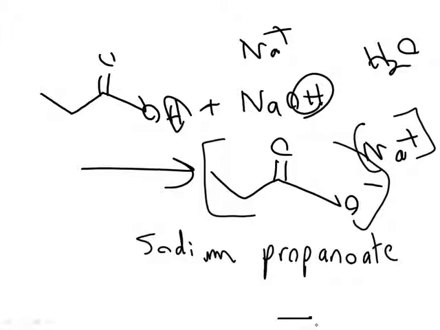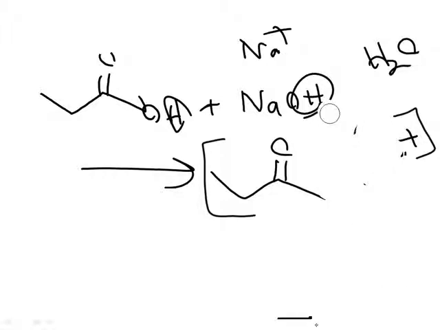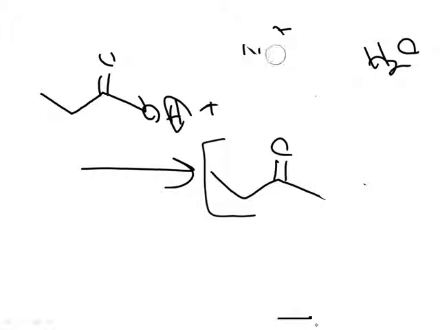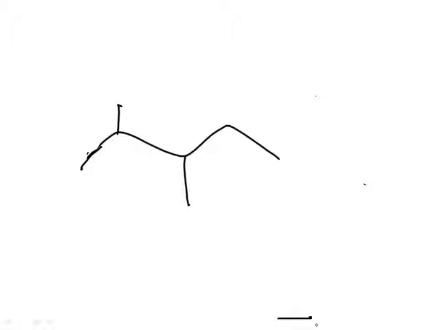So this just scales up from anything that you've seen. Now that you know how to name carboxylic acids, you can name ions, and therefore you can name salts. So let's do something like this. This is carbon 1, 2, 3, 4.